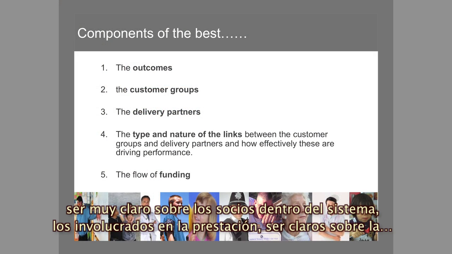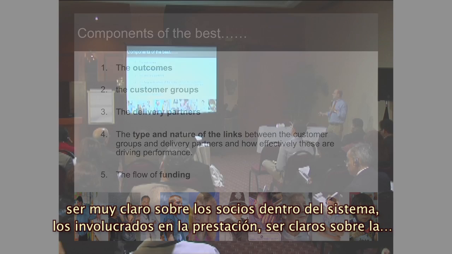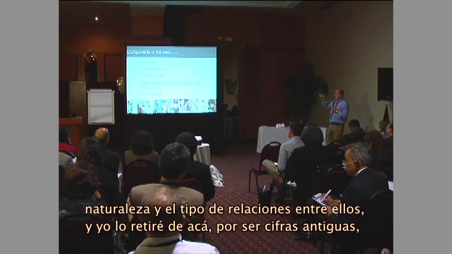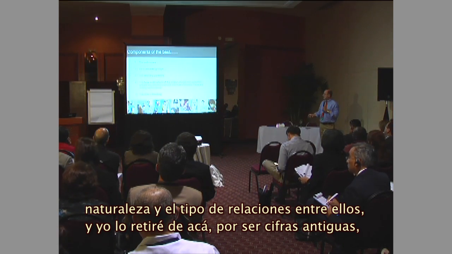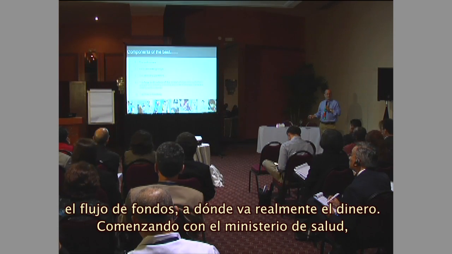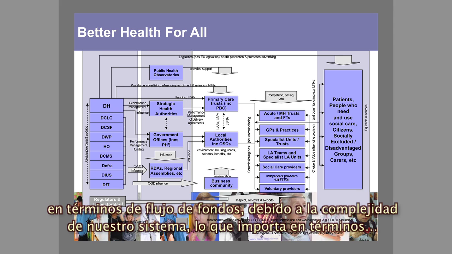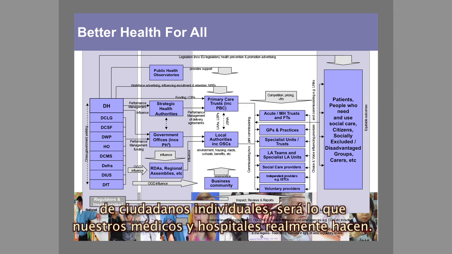Be very clear about the delivery partners, who it is that's doing the providing. Be clear about the nature and the type of the links between them, and I've taken out, because it was out of date, the actual flow of funding, where the money goes. Starting with the Department of Health in terms of funding flows, because of the complexity of our system, what matters in terms of individual citizens will be what our general practitioners and our hospitals actually do.